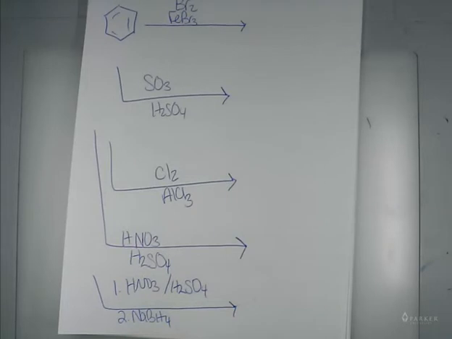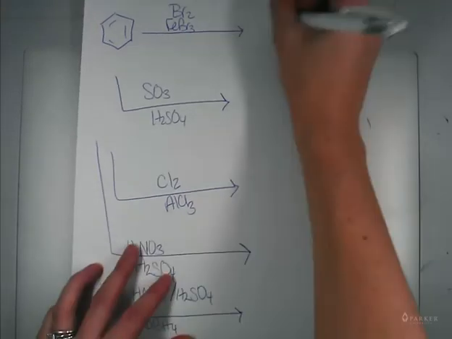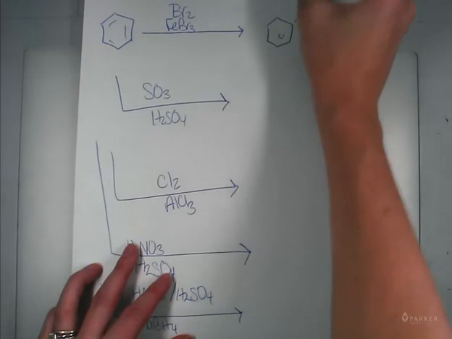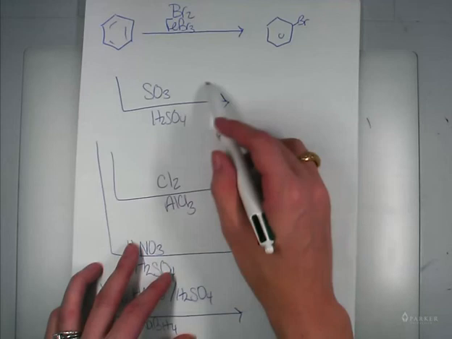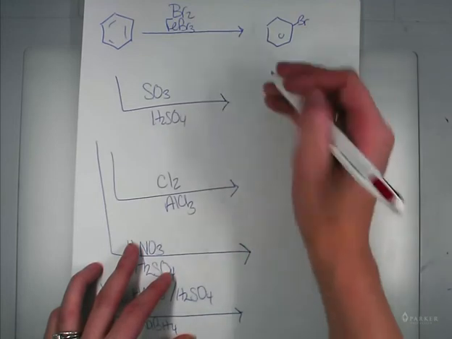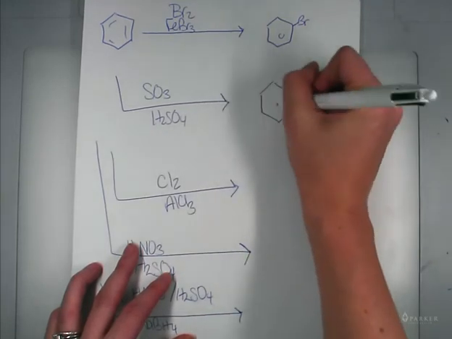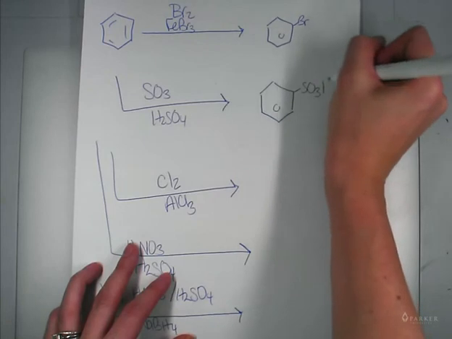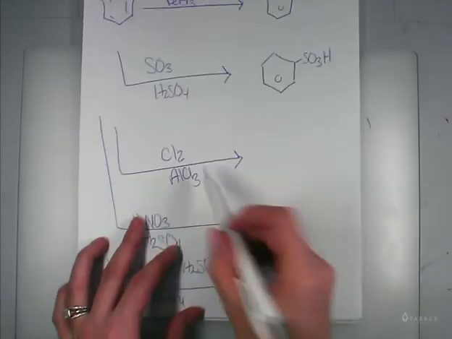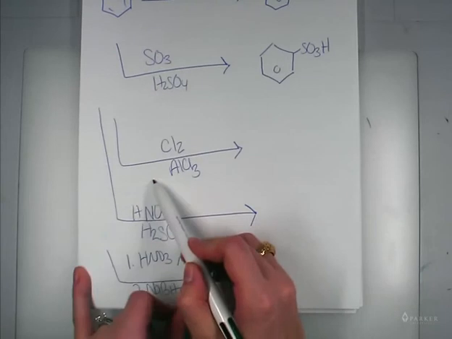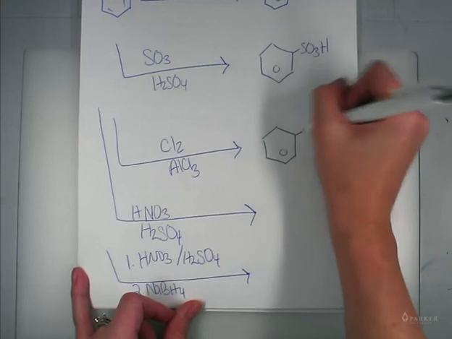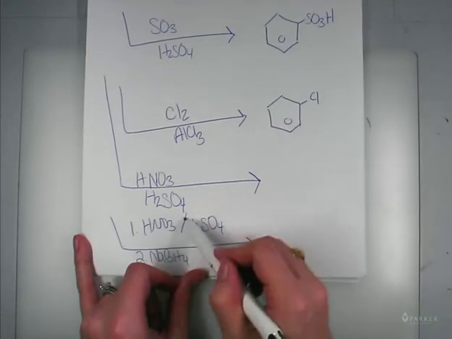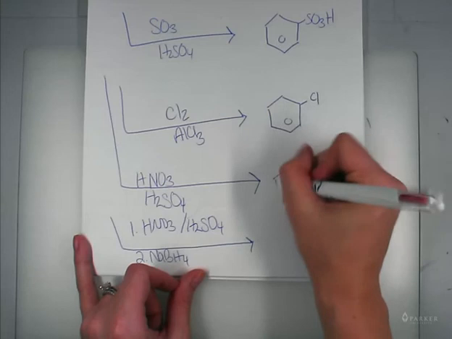Okay, on the first one there, what does that put on benzene? Bromine. What about the next one? SO3H. What about this one? Chlorine. And this one? NO2.